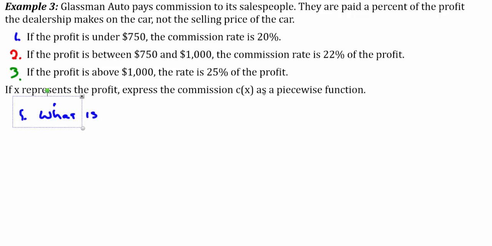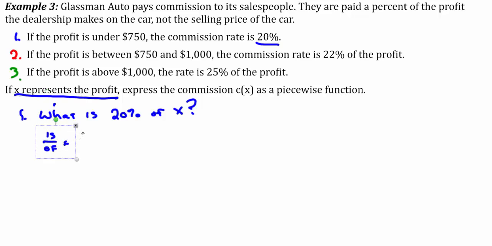For the first equation, we need to answer the essential question, what is 20% of, and normally after this of we would put what the value is that we're going to be solving for. Since we don't know what the profit of this vehicle is, it wants us to represent X as the profit. So we're going to use the variable X as our of. We'll set it up in the form of is over of equals percent over 100.